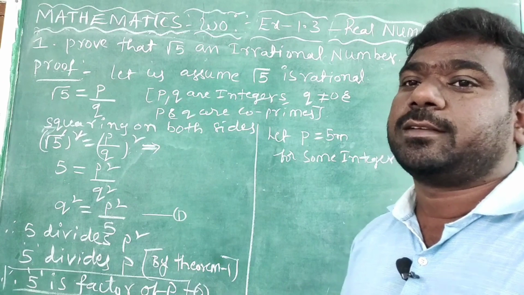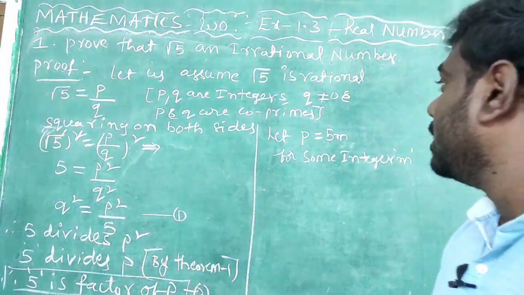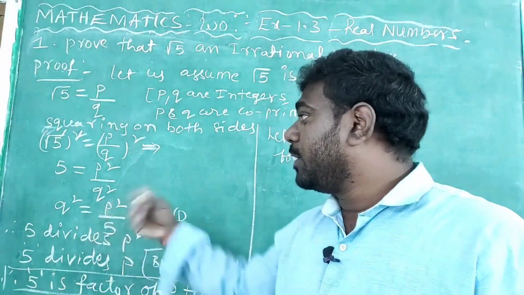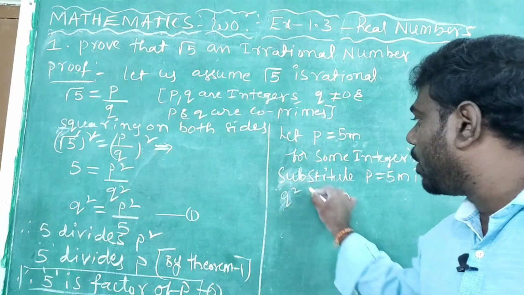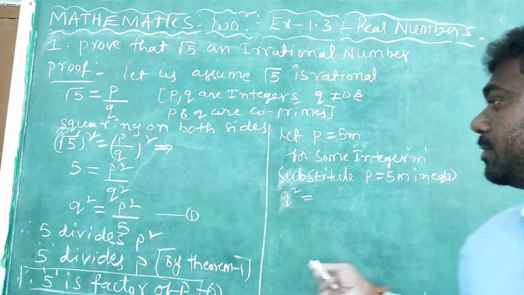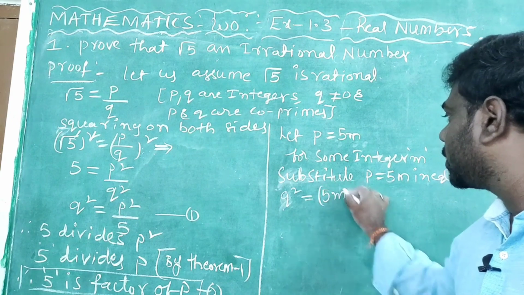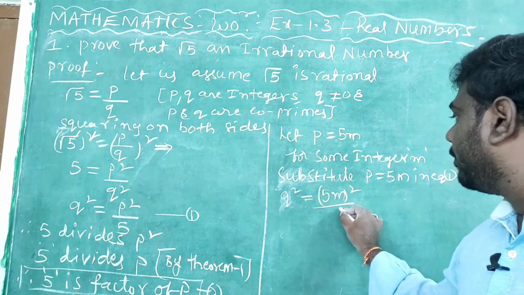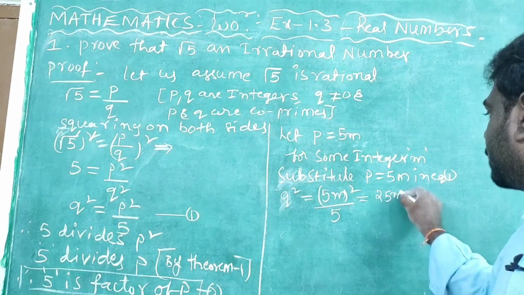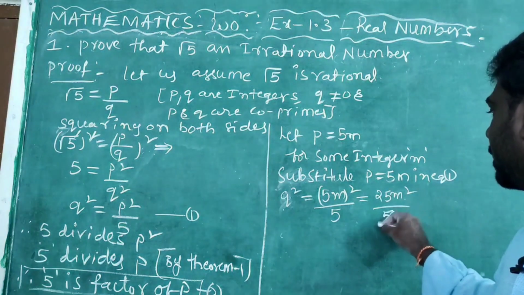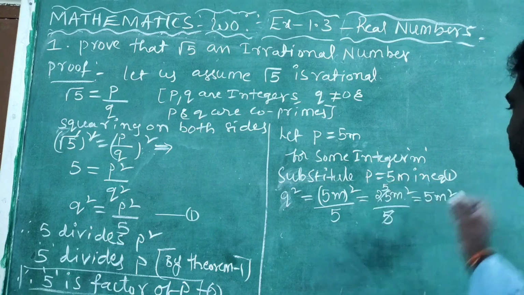Don't get confused here. Next, substitute this value in equation 1. So Q square equals, replacing P with 5m, 5m whole square by 5, which simplifies to 25m square by 5. Cancelling, we get 5m square.